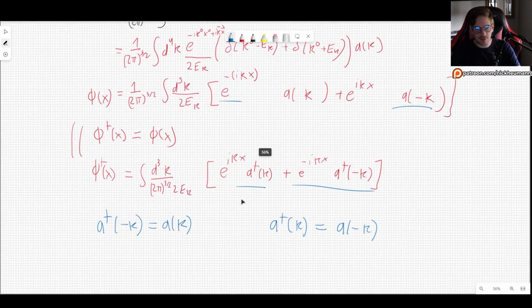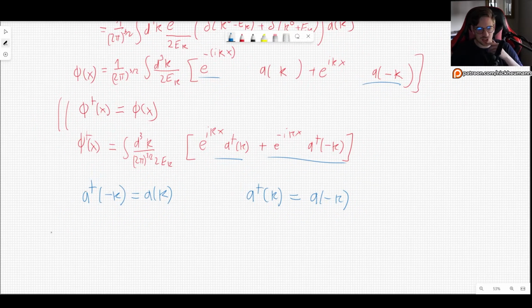So by plugging this back in, we can now find a much nicer expression. So we can now find that phi of x, this is going to be the integral d3k over 2 pi 3/2. Again, you may get a different number there if you're following a different book. 2ek, this ek you can sometimes see written as omega p, just so that you know that.